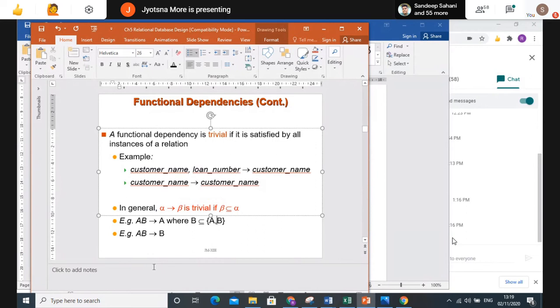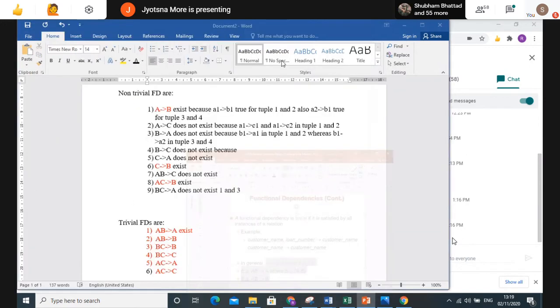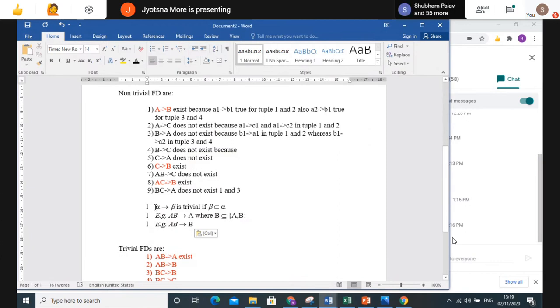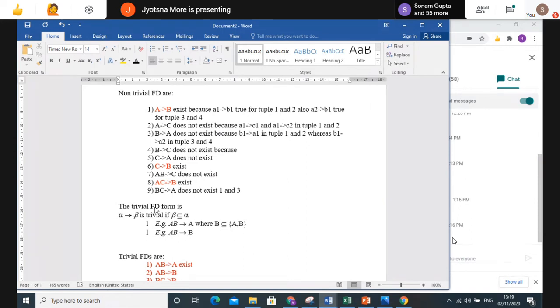After you mention this part, you have to mention over here: the trivial functional dependency form is alpha determines beta, where beta is a subset of alpha.